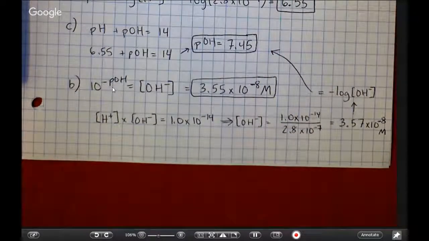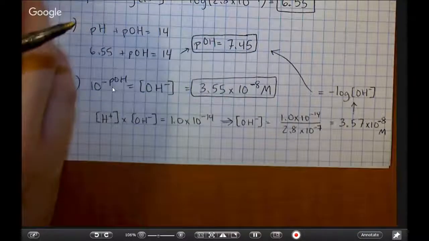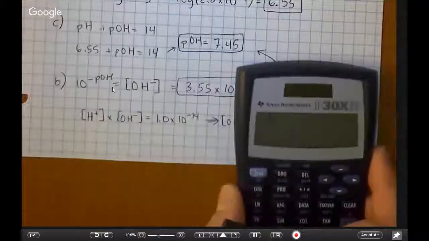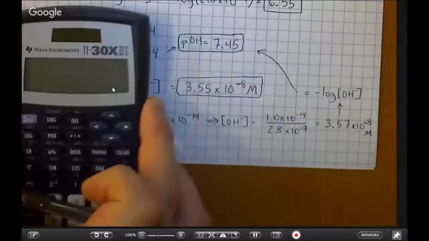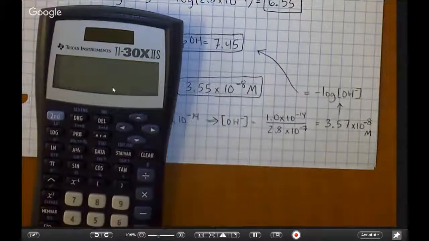Tyler. Just for concentration. Or when you do pH and pOH, the unit kind of disappears. For the 10 to the pOH, how do you solve for them in the calculator? Yeah. Let's see where you can best see it. So do you have a scientific TI?